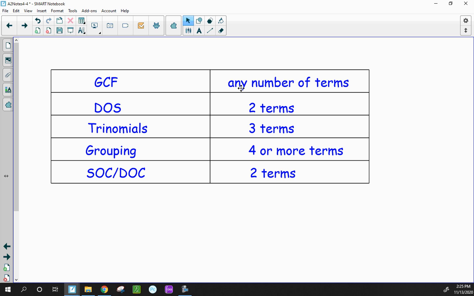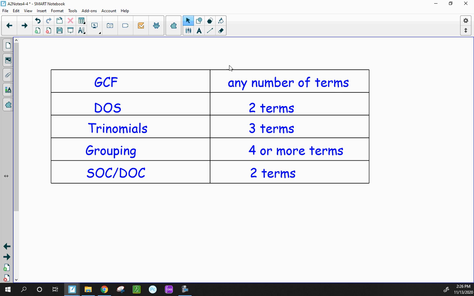You could have 5 terms and all of them still have a greatest common factor. To be a difference of squares problem, there has to be 2 terms in the question. Trinomials, prefix tri, have to have 3 terms. Grouping will have 4 or more. And the sum of cubes, difference of cubes, sock and dock questions, will always have 2.